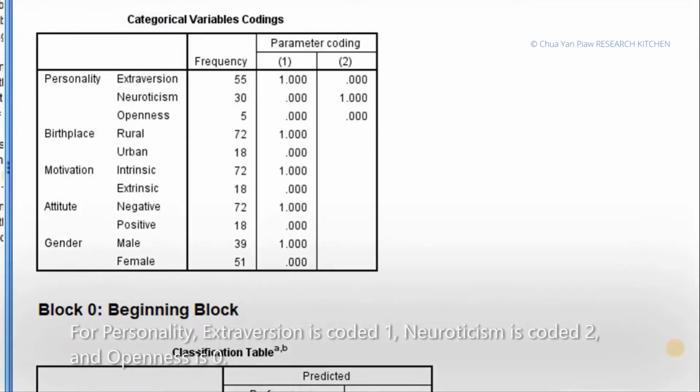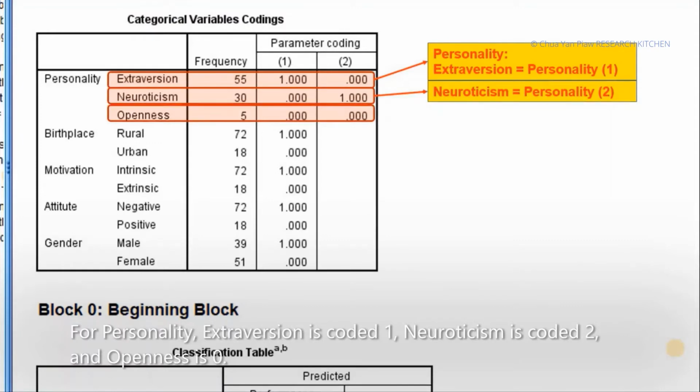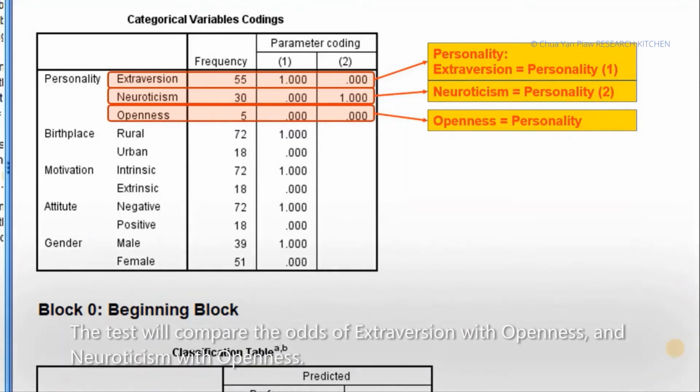For personality, extraversion is coded 1, neuroticism is coded 2, and openness is coded 0. The test will compare the odds of extraversion with openness, and neuroticism with openness.